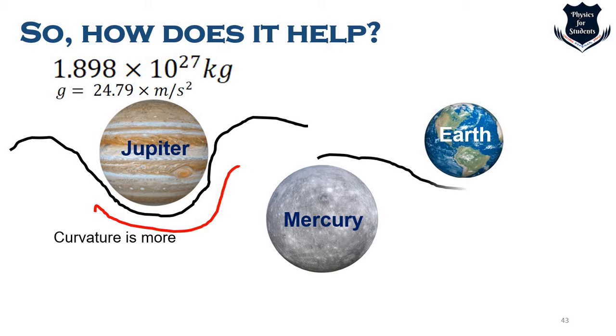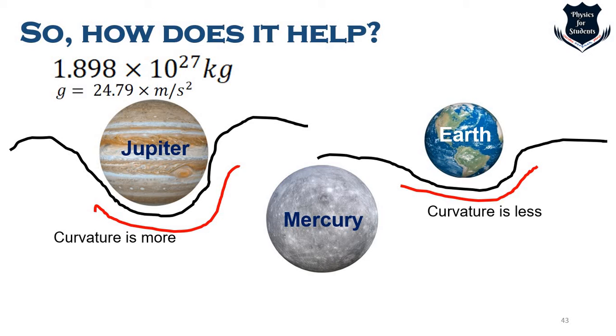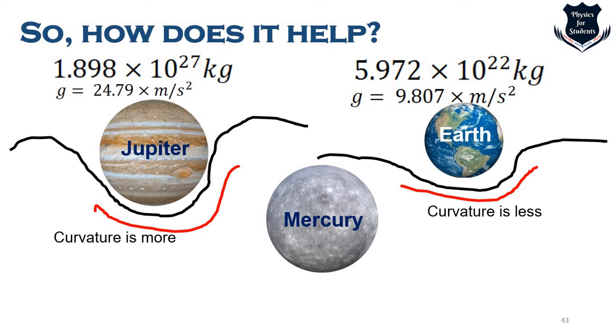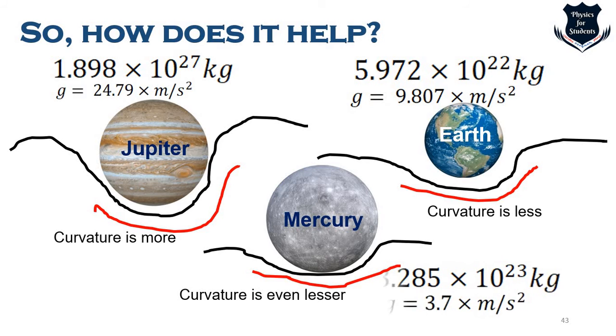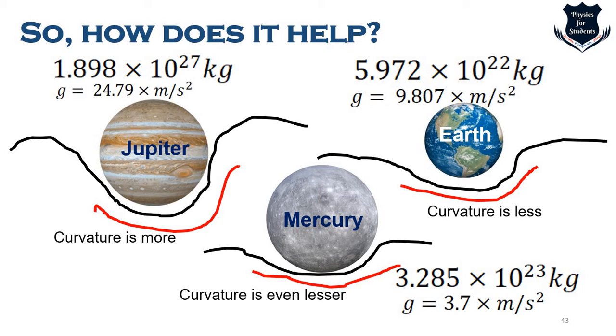For Earth, the curve is this, and why do I draw the red line? Because the curvature is less compared to Jupiter, and obviously the mass of Earth and the gravitational acceleration are lesser than Jupiter. I take Mercury and I draw a line like this, and I see that this red line is even lesser because of the weight of Mercury and the gravitational acceleration.